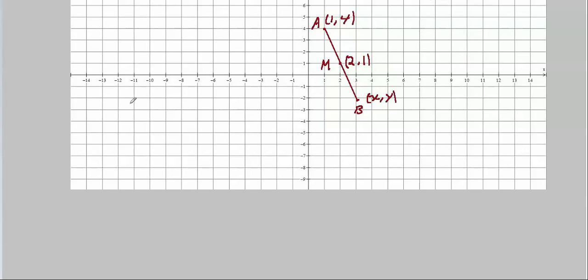So let's start with our midpoint formula. And what would it be? Well, what we have is x plus 1 over 2 would equal the x-coordinate for the midpoint. With me so far, right? And what is that? Now it's equal to 2.